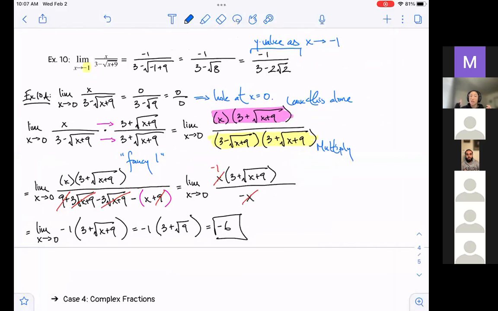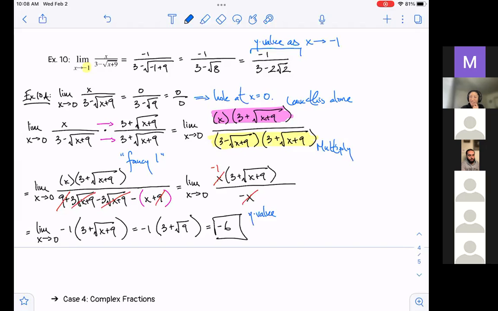Now this -6, what does that represent in the context of this problem? Oh, sorry, not that one, this problem. The y value, exactly. The y value where? At x equals 0. Well, actually, the y value as x approaches 0.